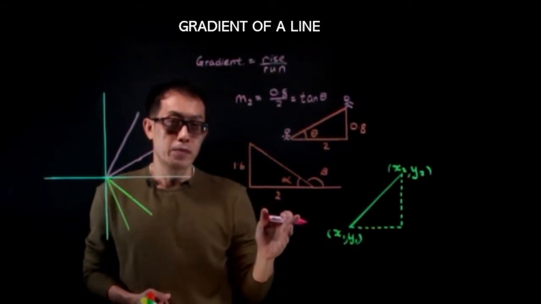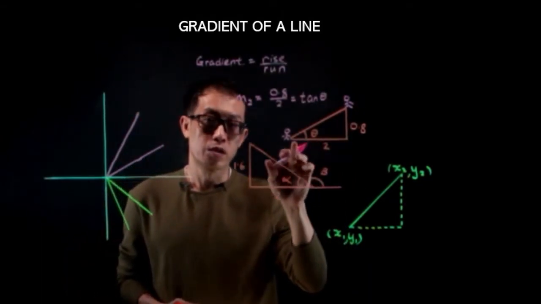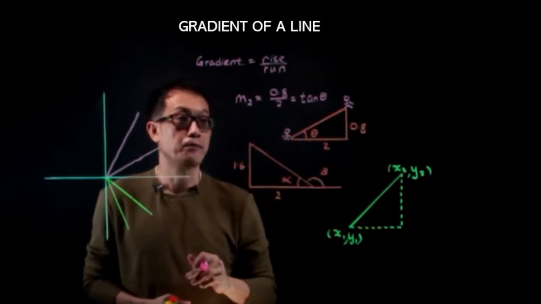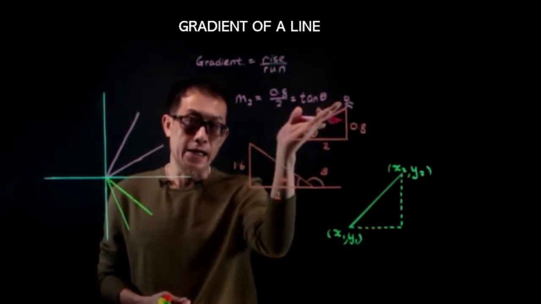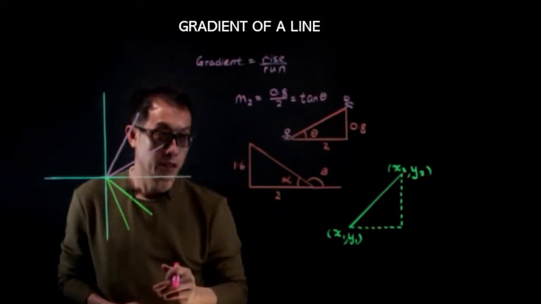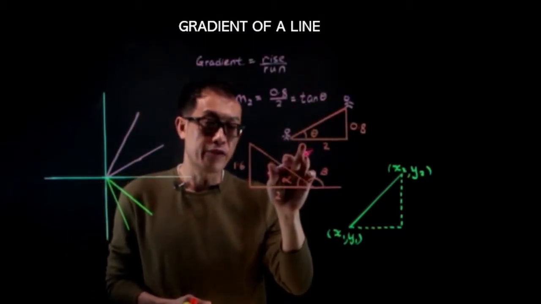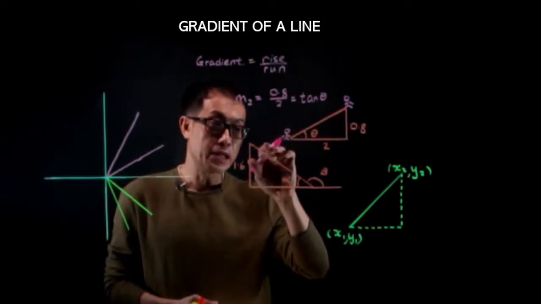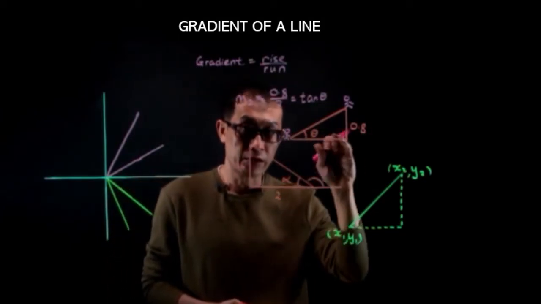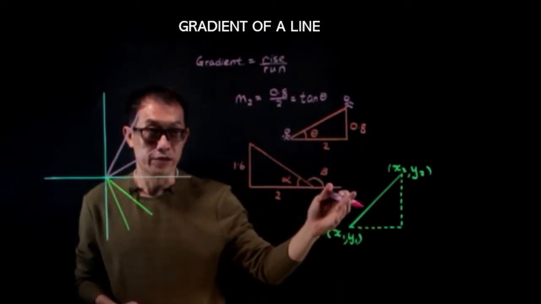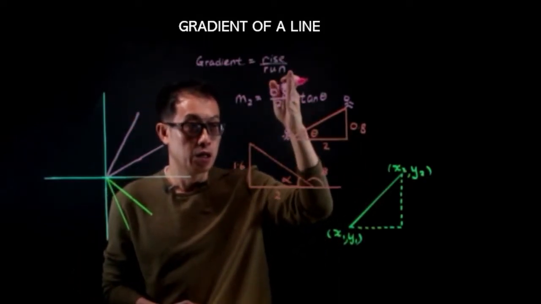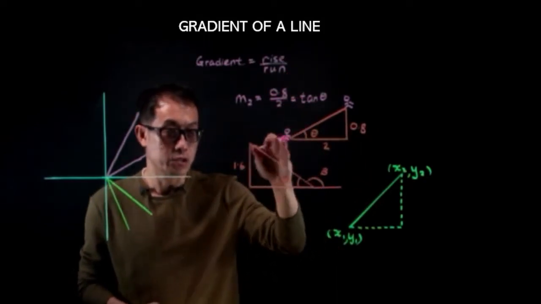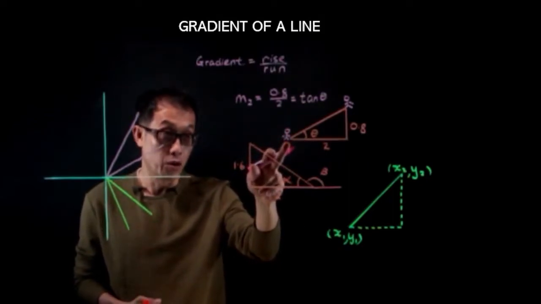Now the slope is also equal to the tangent of this angle. Let's say this is the line. The angle will be defined by this angle theta made with the horizontal ground, the right-hand side of it. Assuming you draw a cross over here, this will be the origin.